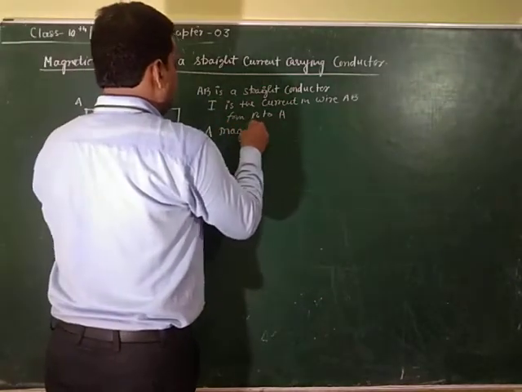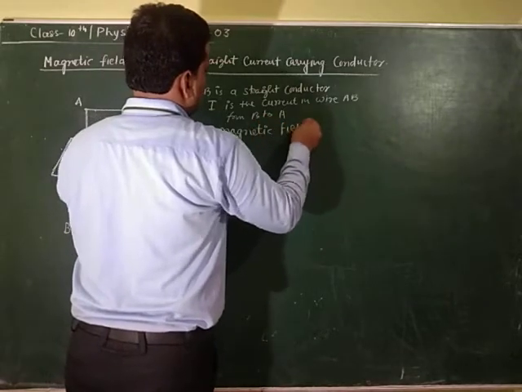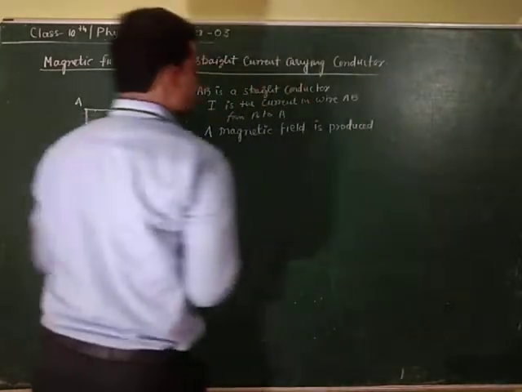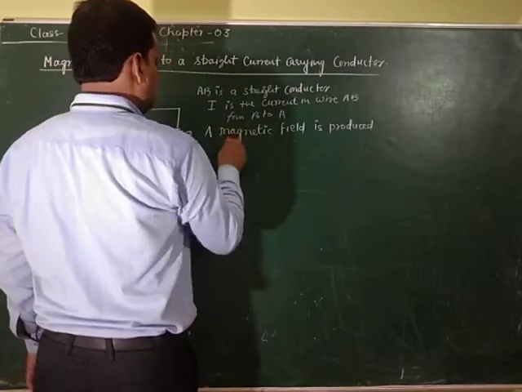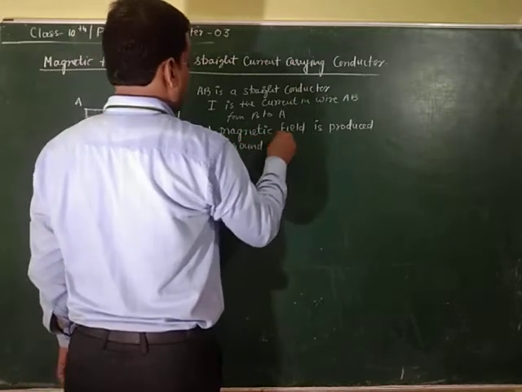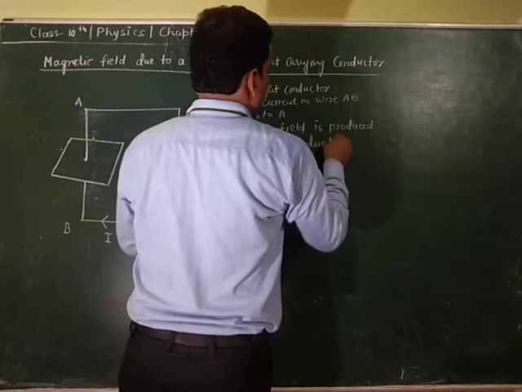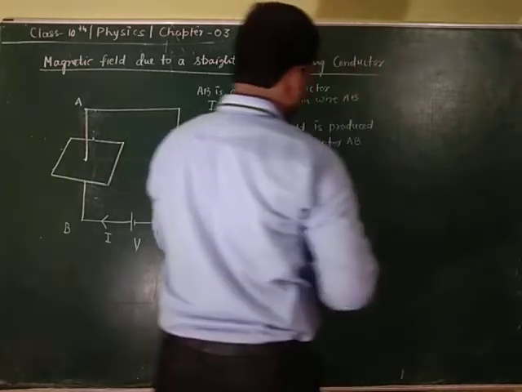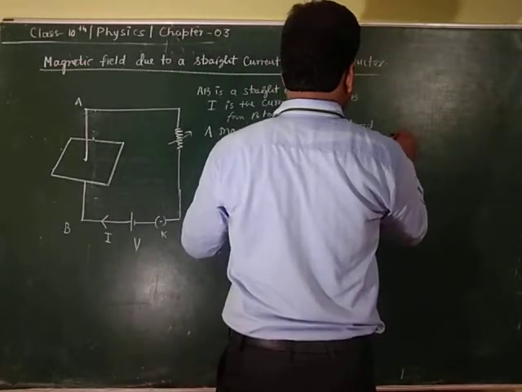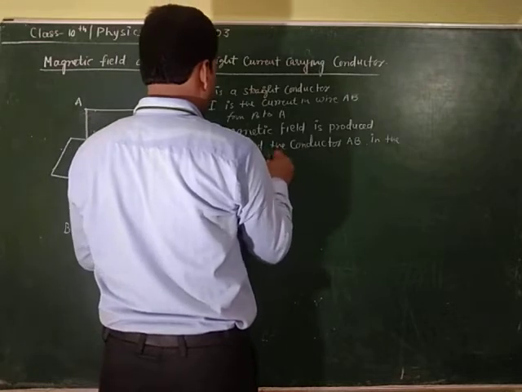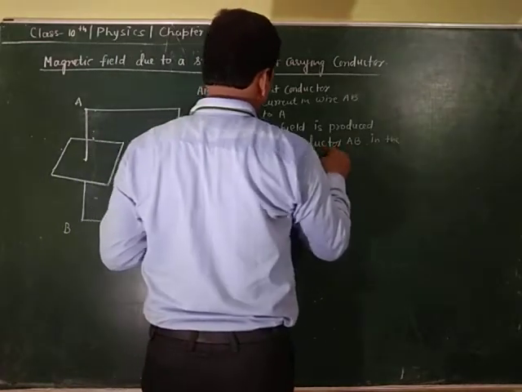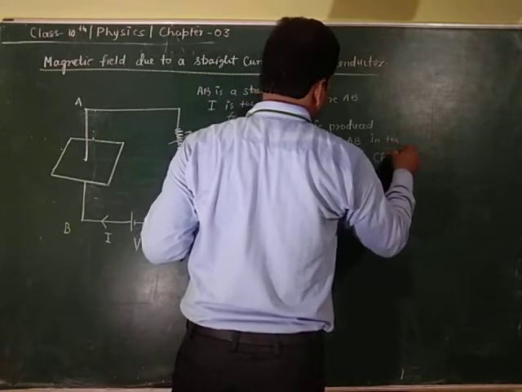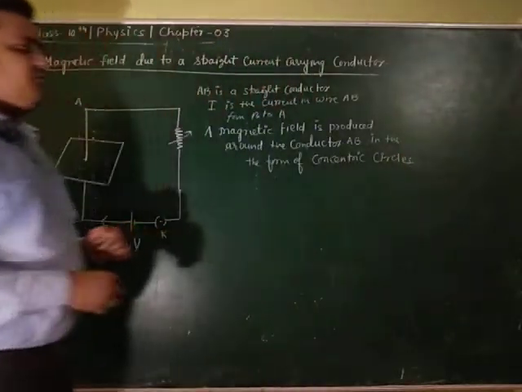Due to this, a magnetic field is produced around the conductor AB, in the form of concentric circles. Concentric circles.